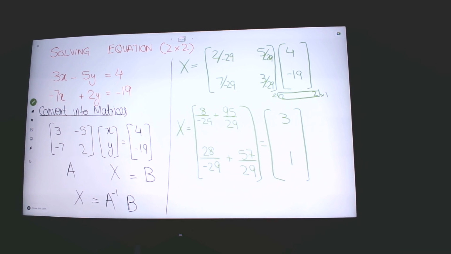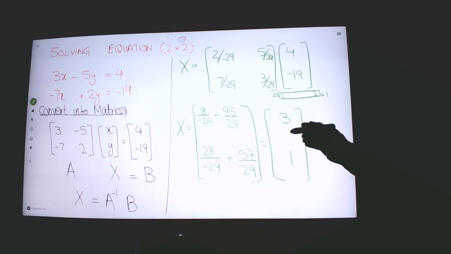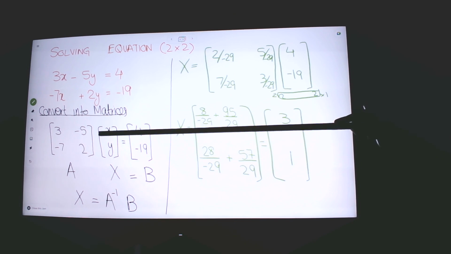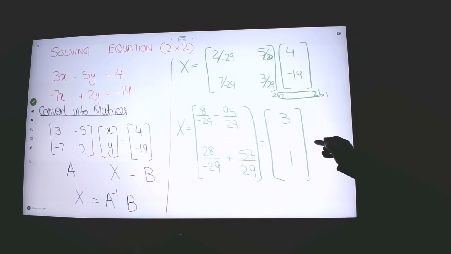Now, you got the answer 3 and 1. If we have a look, the matrix X was X and Y, which means the value of X is 3 and the value of Y is 1.